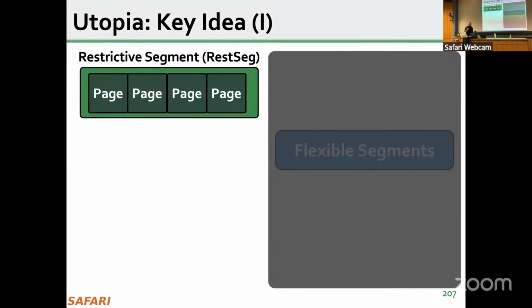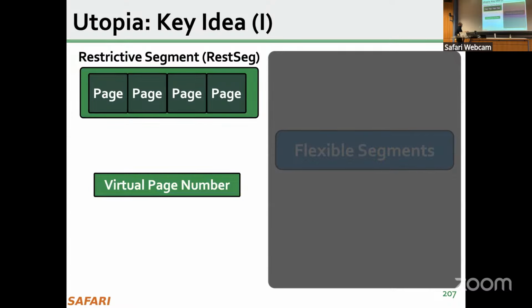A restrictive mapping is the mapping that I use for some specific restrictive segments in physical memory. What does this mean? When I have the virtual page number and the data of this virtual page is stored, for example, somewhere in this segment, then the way I translate is not by using a page table, it's by using a hash function.